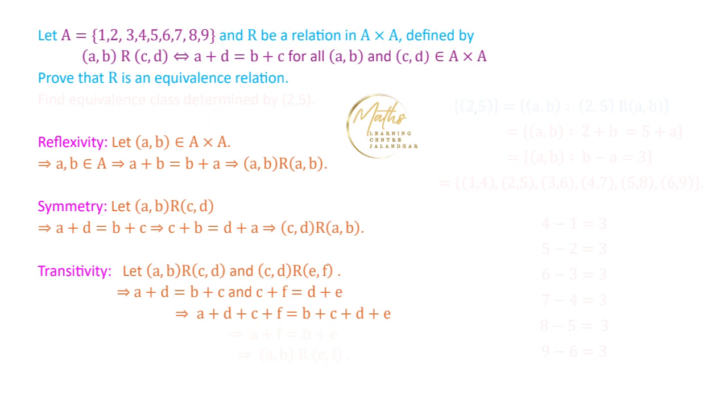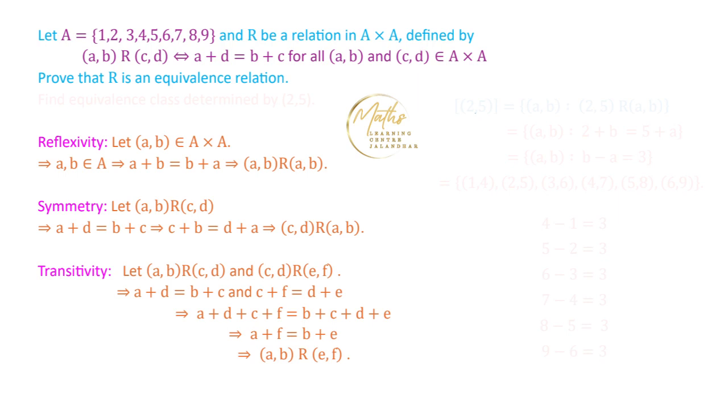If we simplify these terms, we cancel the common terms on both sides. We obtain a plus f is equal to b plus e. Now again look at the condition of this relation. If we have a plus f is equal to b plus e, this means that (a, b) is related to (e, f).